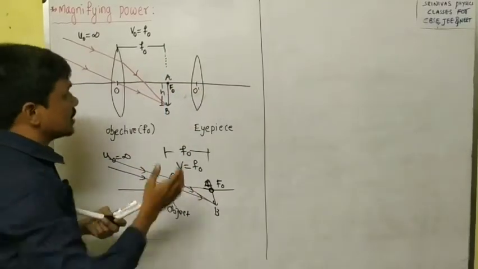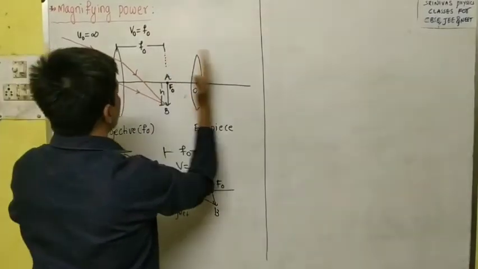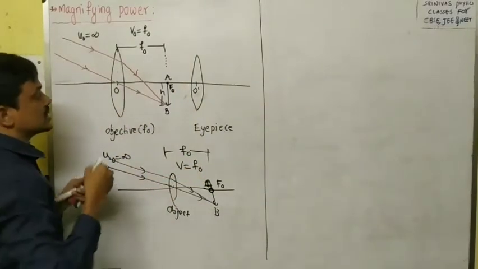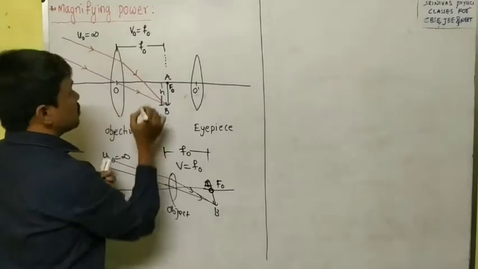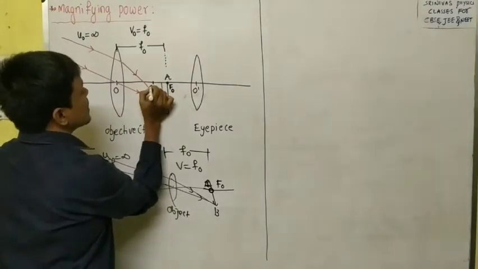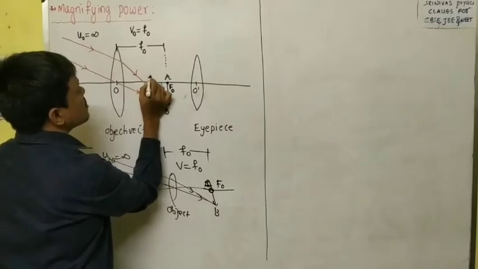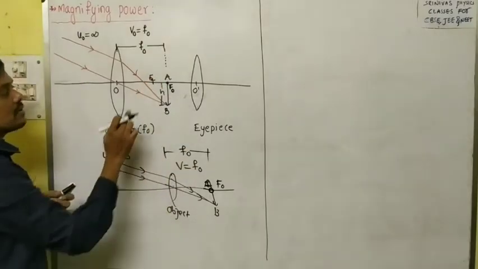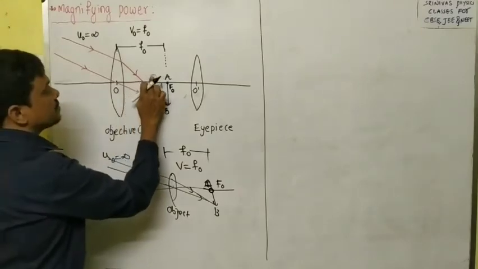Let us consider this position is adjusted by moving the lenses, and then we have to make it in such a way that, first, let us consider the eyepiece focus is here. This location I will consider as FE.